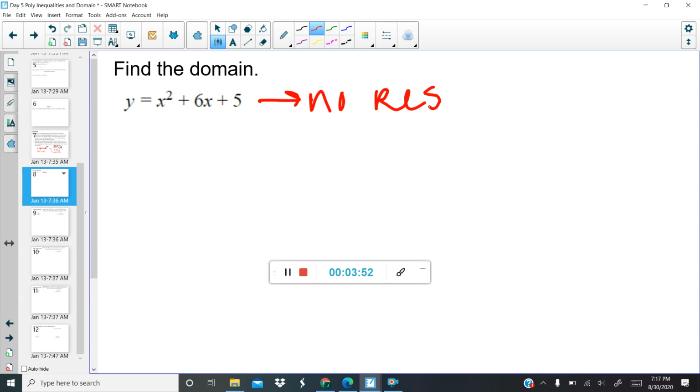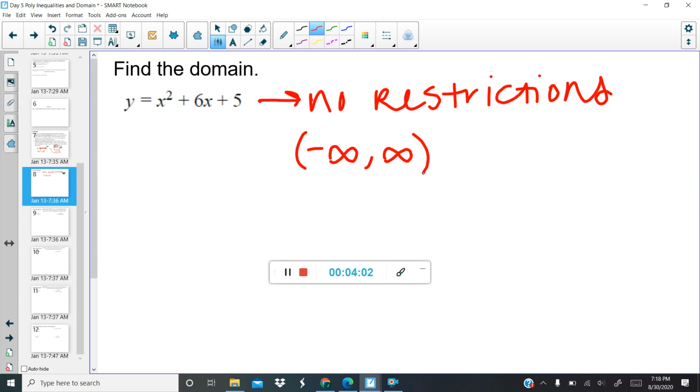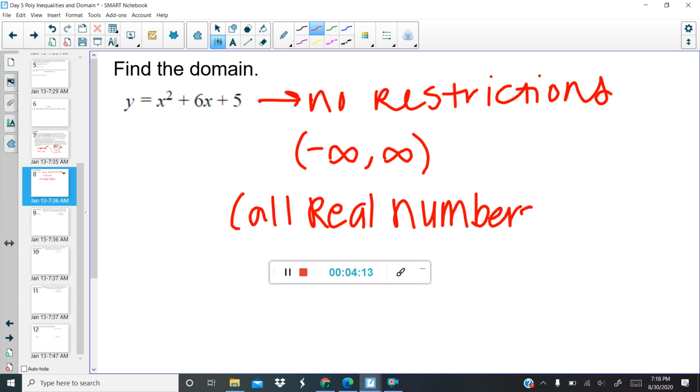When there are no restrictions, you may remember that means the domain is allowed to be -infinity to +infinity. In words, that's just all real numbers. If you write all real numbers, that's okay. But in interval notation, that would be -infinity to +infinity.